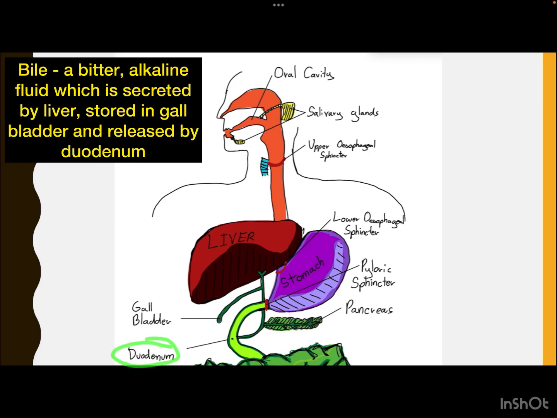This prepares the chyme for the next processes happening down the digestive tract. The bile is not made in the duodenum. It's actually made in the liver, then stored in the gallbladder, and then passed on to the duodenum to be released.